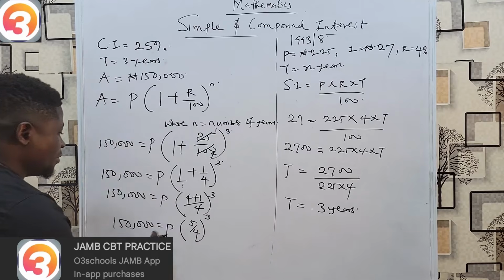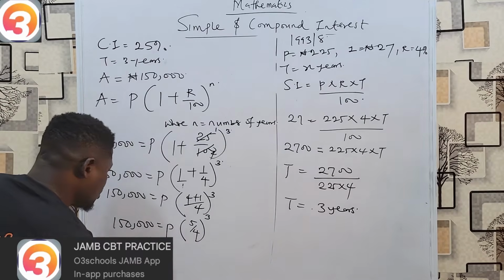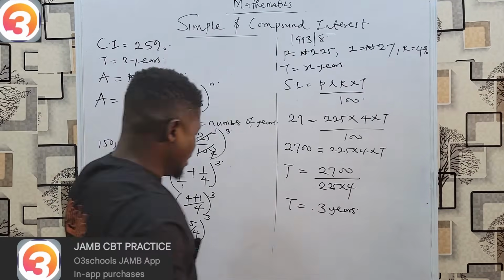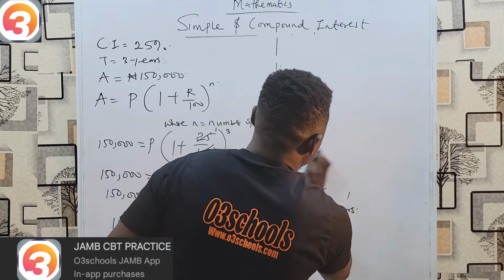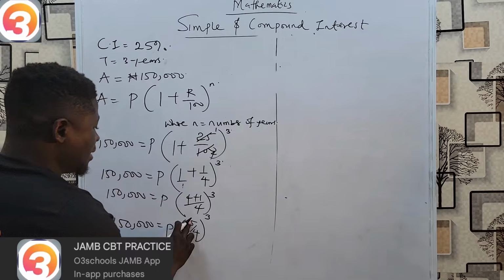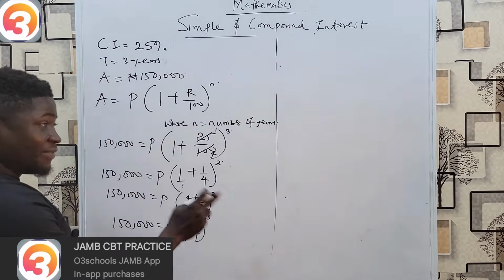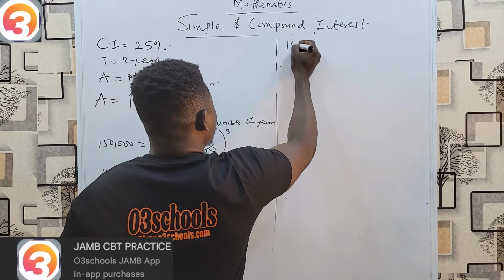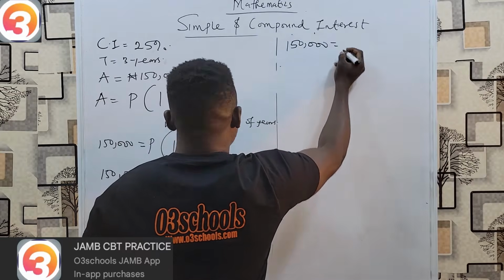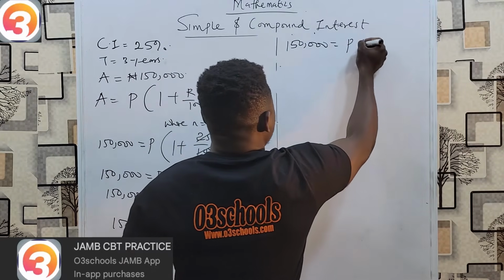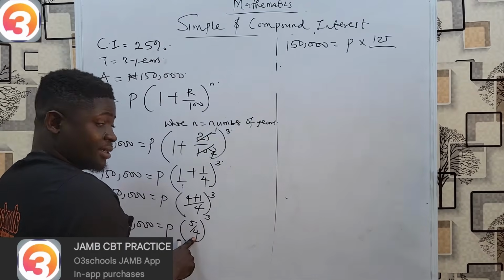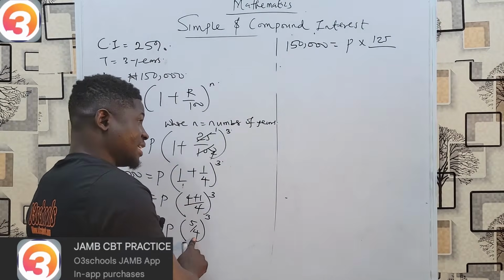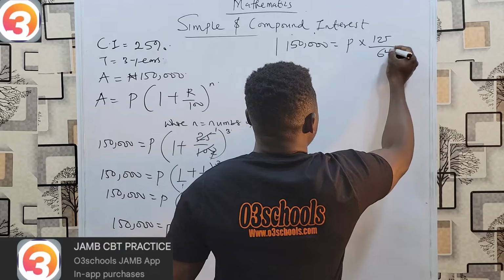Right? Now, what is 5 raised to power 3? Let's come to this other side so that we can have more space. 5 raised to power 3 is 5 times 5, 25. 25 times 5 is 125. So I have 150,000 is equal to P times 125 all over 4 raised to power 3. 4 times 4 is 16, 16 times 4 is 64.